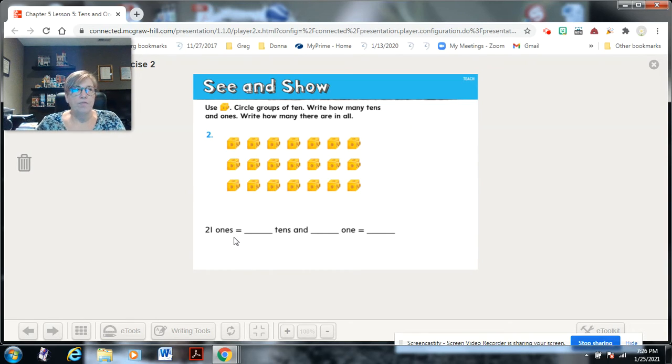Now, for some of you, I can already see those wheels turning through the screen. You have to circle the groups of 10. That is part of the directions. We're not just going to start sticking numbers in here. I know some of you know it, but you still have to visualize it. So pause the video, circle your groups of 10, and then complete the sentence.